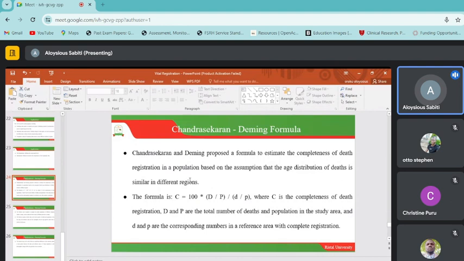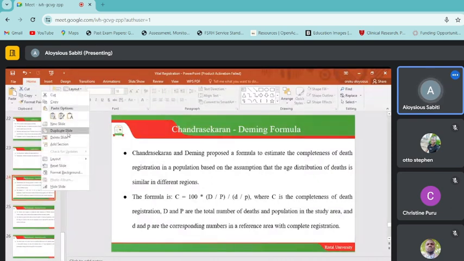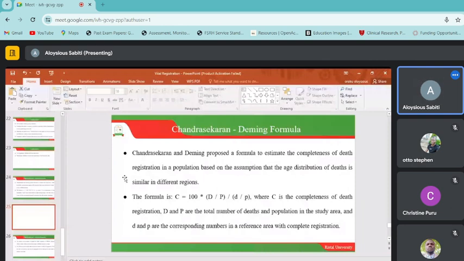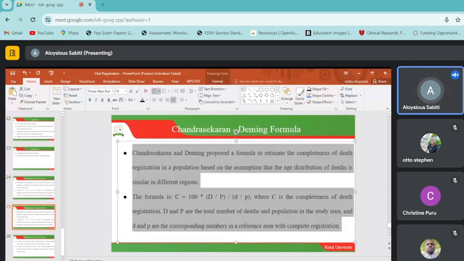So here you're looking at census data vis-a-vis your population data. In this C and D formula, you will get information, for example, in your vital statistics. So the capital D and the capital P are what you have in your vital statistics. And if I just create another slide here, we can understand what I mean.